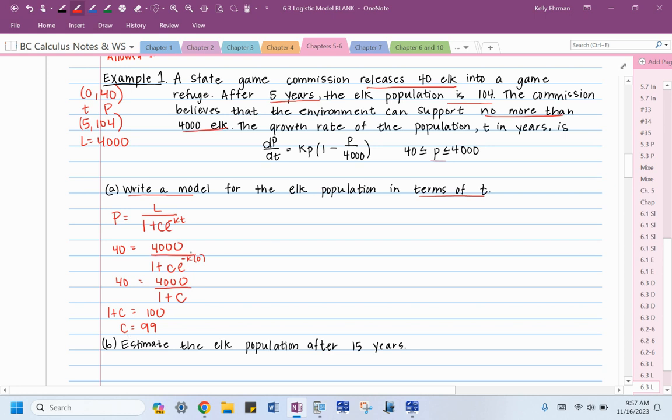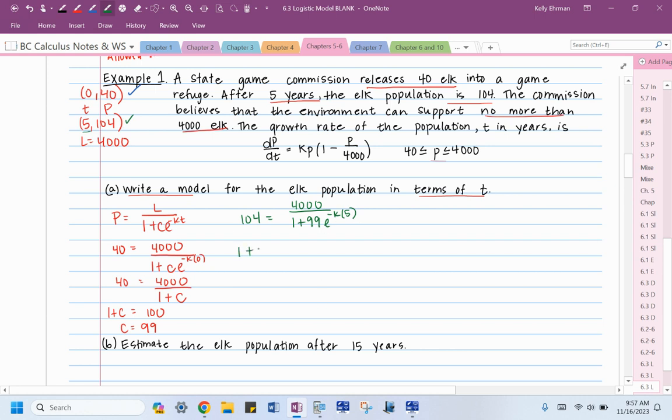So start building this equation a little bit further. We've used this first ordered pair. Now we need to use the second one. So now we know that 104 is equal to 4,000 over 1 plus, now we know C is 99, e to the negative k times T is 5 in this one. Go through and solve again.